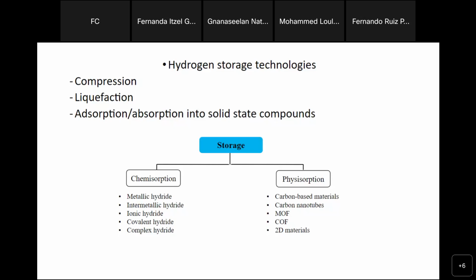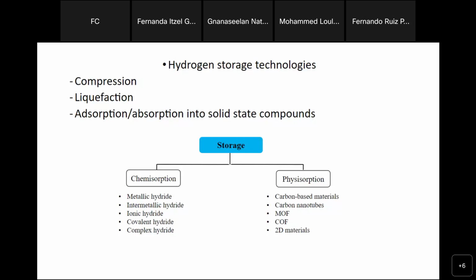For example, we have the hydrides, for example the metallic hydride and intermetallic hydride. The hydrogen is absorbed in the interstitial sites, while in the ionic hydride and covalent hydride, the hydrogen bonds with the chemical element of the host, depending on the electronegativity, by ionic chemical bonding or covalent bonding.